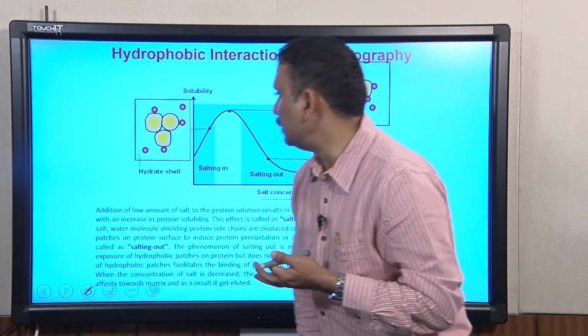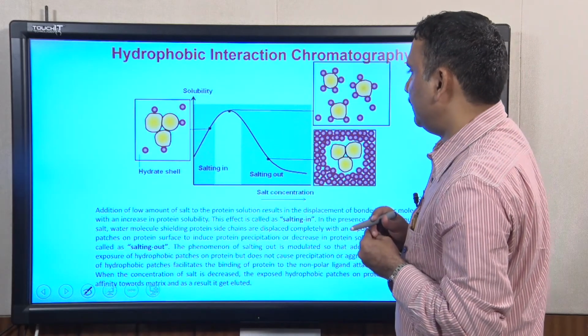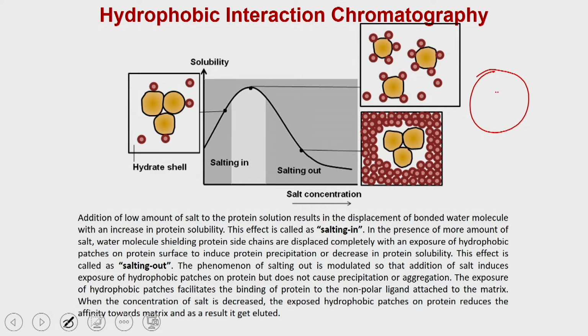Now, let us see how you can do that. Imagine you have a protein, and outside the protein you have the hydration shell, which contains water molecules. You know that water molecules have more solubility for salt compared to their association with the protein.